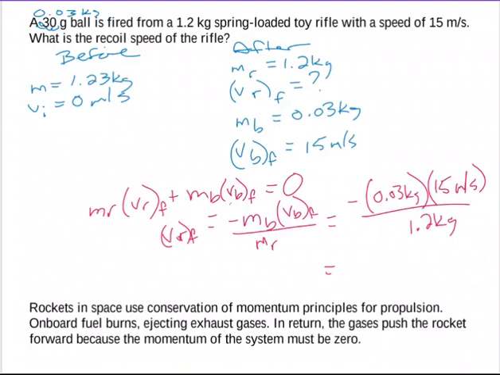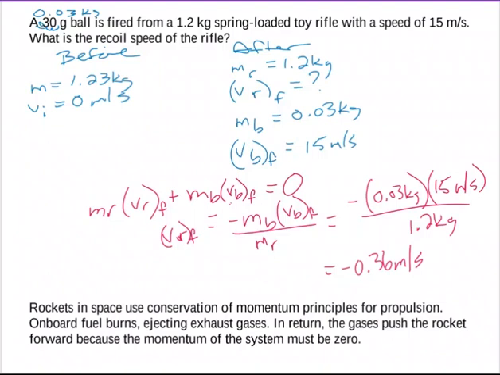What do we get? Negative 0.36 meters per second. Negative makes sense because it's going the opposite direction of the ball. Meters per second, the units are good. And is it small? Should it be small? It says recoil speed of the rifle, not velocity, so it has to be positive.